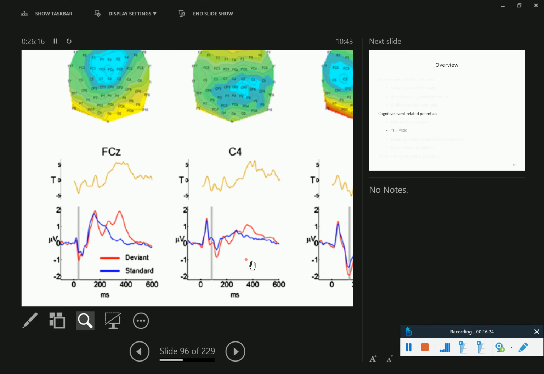So deviant can be high and low, and a standard can be high and low amplitude. And one can also plot this for the high and low and the deviant and standard, and gets a similar pattern in terms of the difference. This is averaged over both of them.